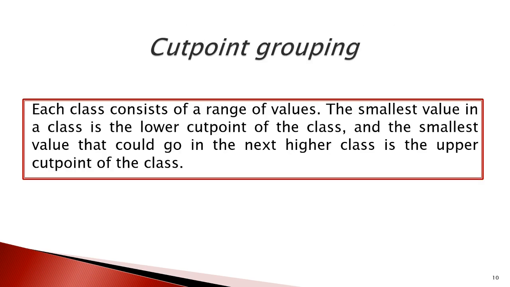Now let's move to the third method of grouping quantitative data, that is cut point grouping. In cut point grouping, it is very similar to the limit grouping, as it has classes with a range of values, but here the smallest value of a class is called the lower cut point, and the upper cut point of the class is the smallest value of the next higher class.